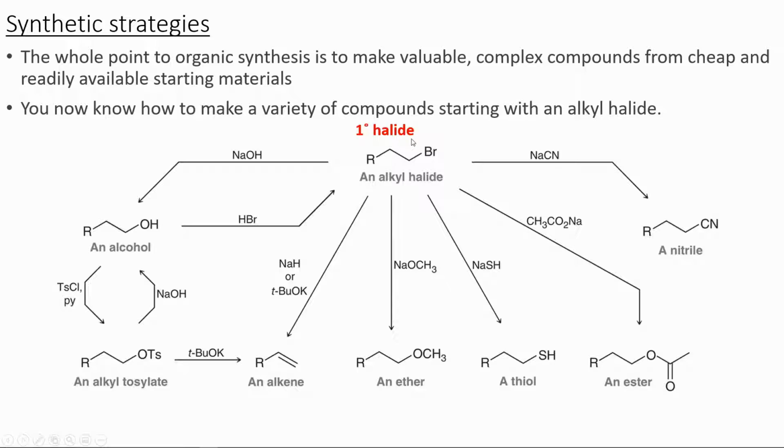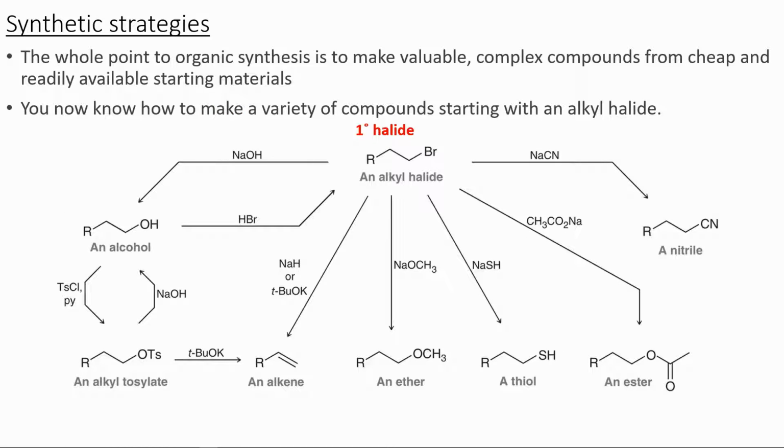One of the easiest ways to start is from an alkyl halide. An alkyl halide is going to give us access to all of these different functional groups through either substitution or elimination reactions. I strongly suggest making flashcards for each of these transformations, so that you can compare them to the entire web of potential reactions as you memorize them.